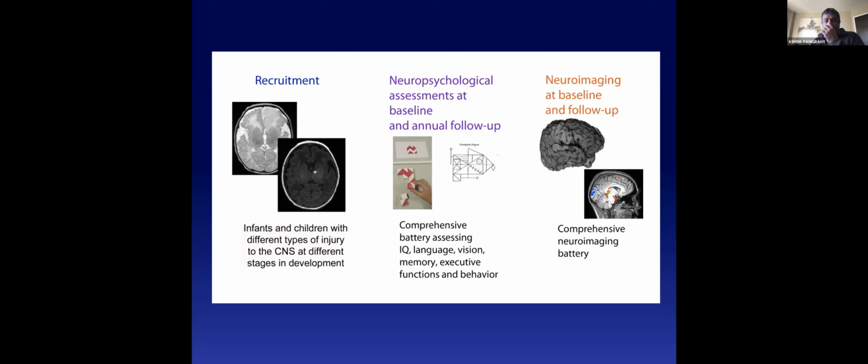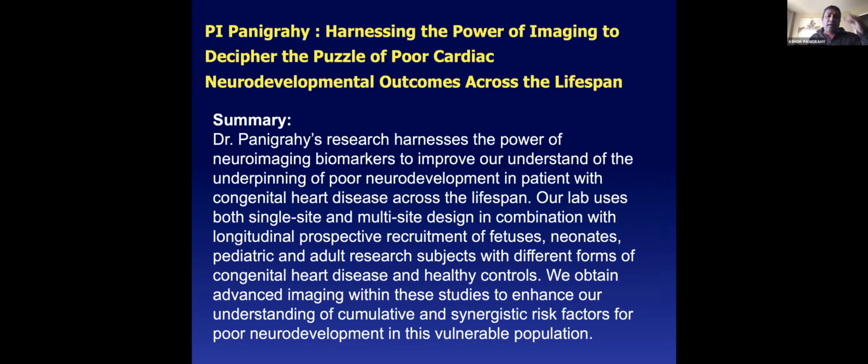And our batteries are very broad, because most of the preterm children and congenital heart disease patients that are surviving now have deficits in multiple domains, specifically frontal executive, social behavior, memory. So our batteries tend to be pretty broad. And then we combine that with neuroimaging to address questions.